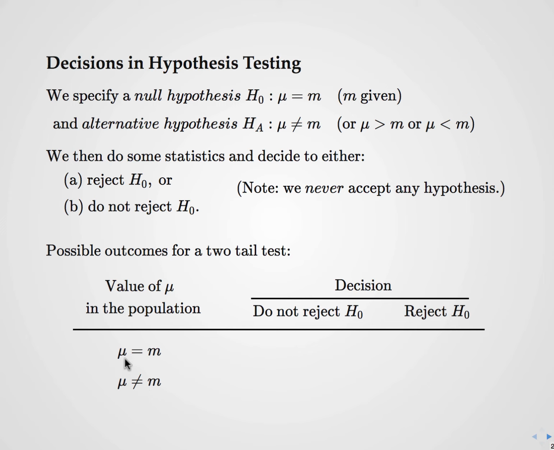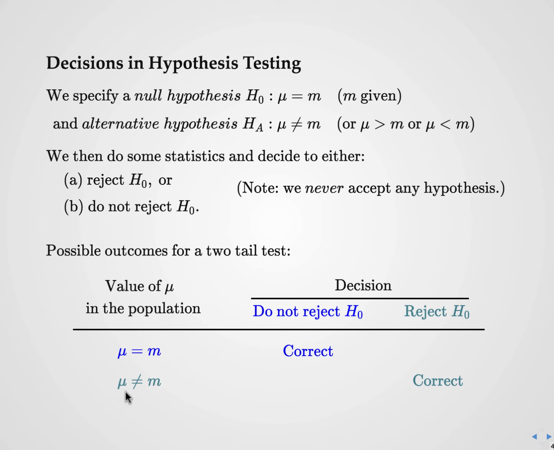But if the true value for the population mean is equal to m, and we do not reject the null hypothesis, then we've made a correct decision. The true value for mu is the one that we've specified, and we're not rejecting the null hypothesis that it takes that value. That's a correct decision. That's good, right?